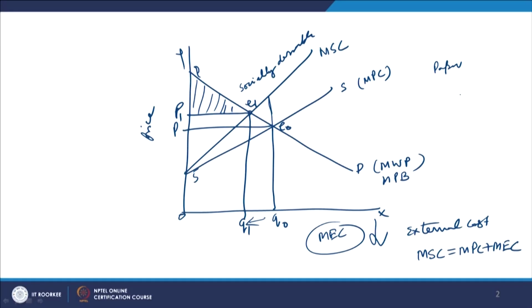If it is taken into the system, then the supply curve will shift upward, and the new supply curve S1 is the marginal social cost curve, and the new equilibrium will be achieved at a higher price and lower quantity. That will reduce the producer surplus as well as the consumer surplus, but at the same time society at large would benefit. So, this is one way.